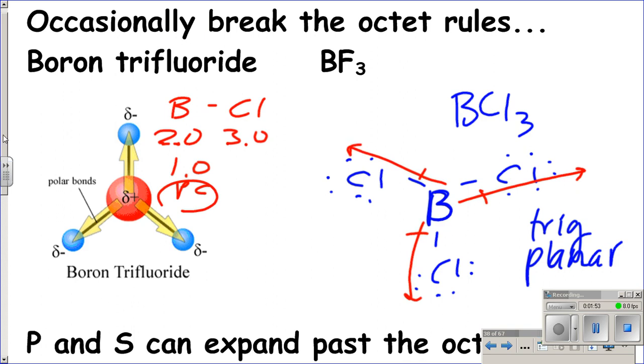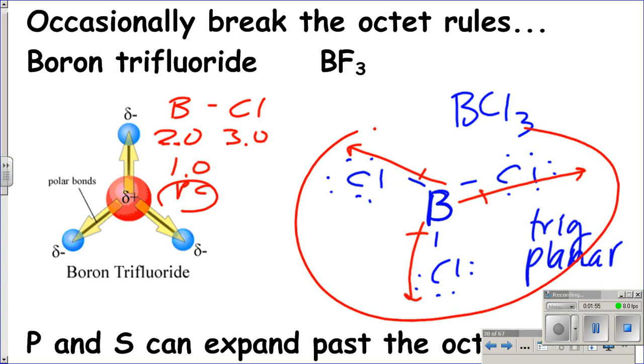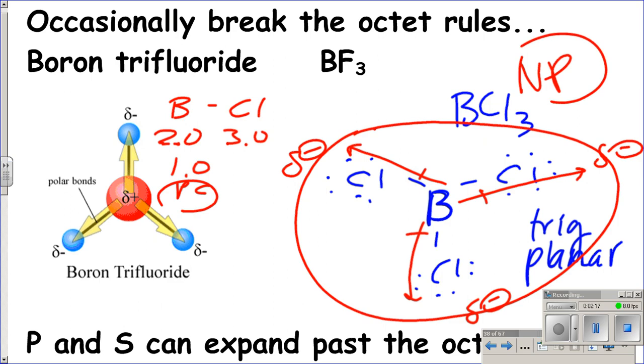So if you draw a big globe around here, are there opposite ends in terms of the charges? Nay. Partially negative, partially negative, partially negative. Pretty much everywhere it's partially negative. So polar or nonpolar molecule? Nonpolar, not opposite ends. So overall this is a nonpolar molecule.